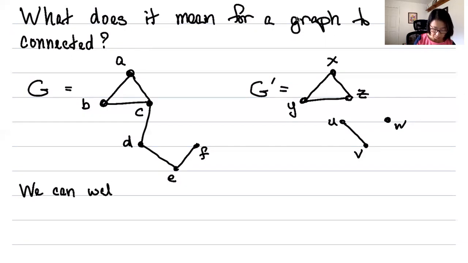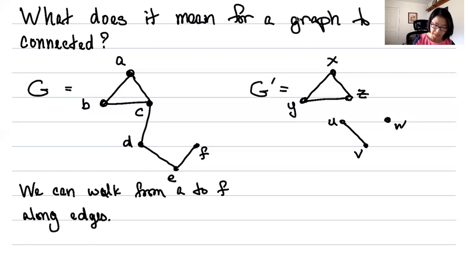I'm going to do this in blue, where I might start at A and go to B, to C, to D, to E, to F. So I've walked from the vertex A to F.